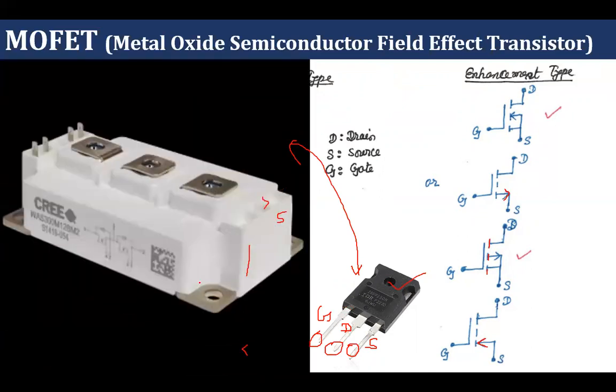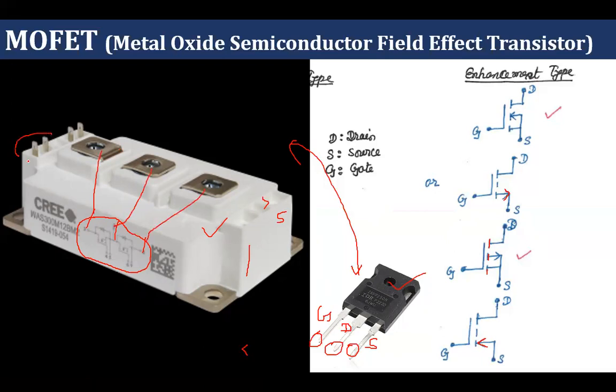It is also available in power package form, power module form. Like here, two semiconductor devices, power MOSFETs, are available within the same package, and we have three terminals: terminal one, terminal two, and terminal three.